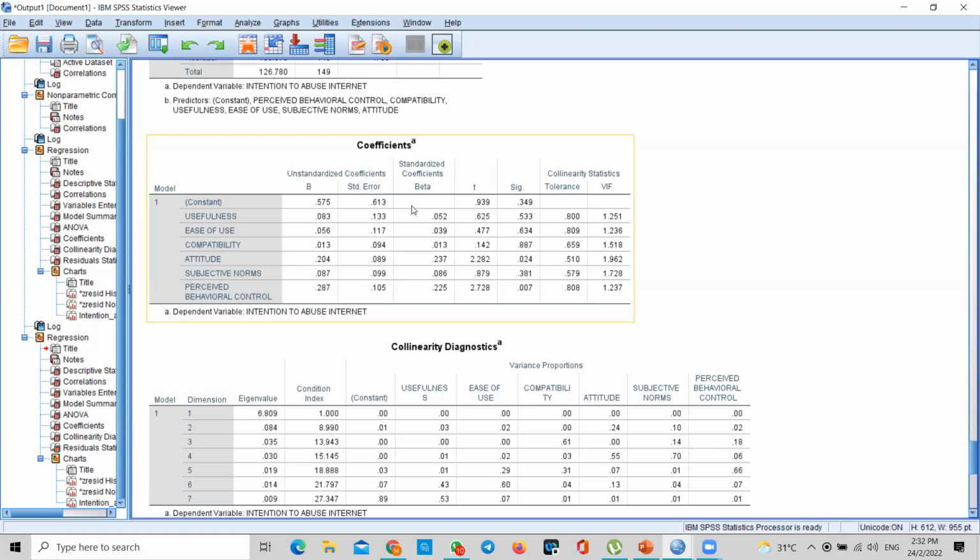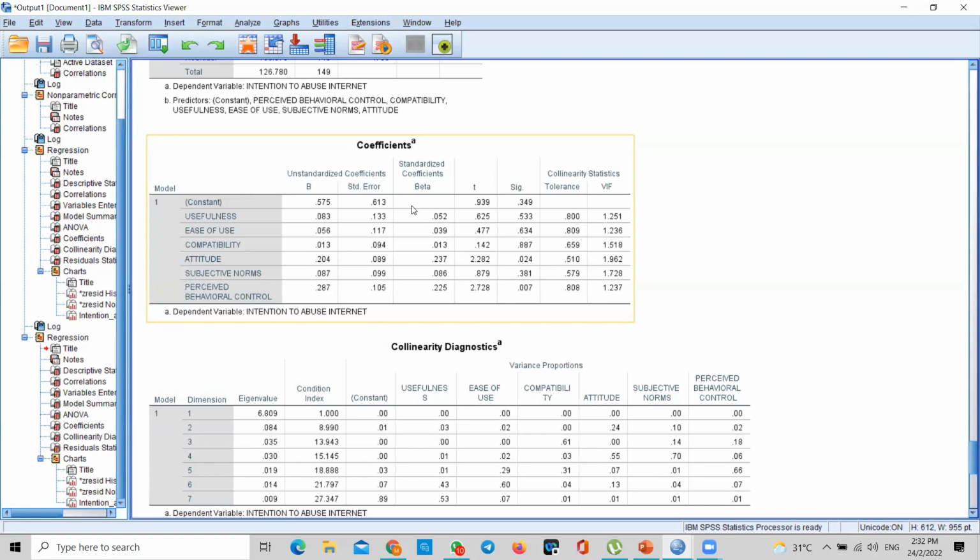That would not be very professional. If you follow the Krejcie and Morgan table, the minimum requirement is 384 for this particular study. But I'm using only 150 just to show you how we run and interpret.